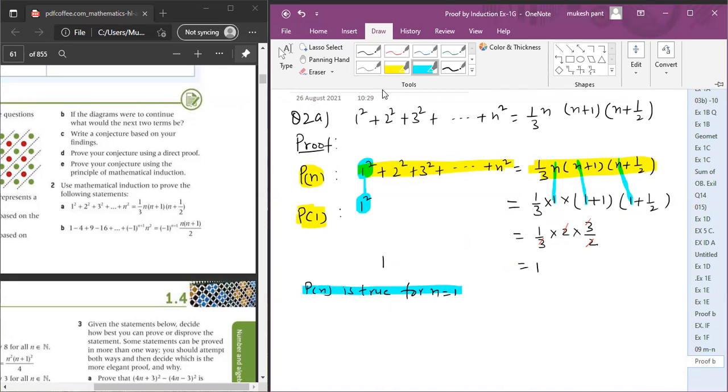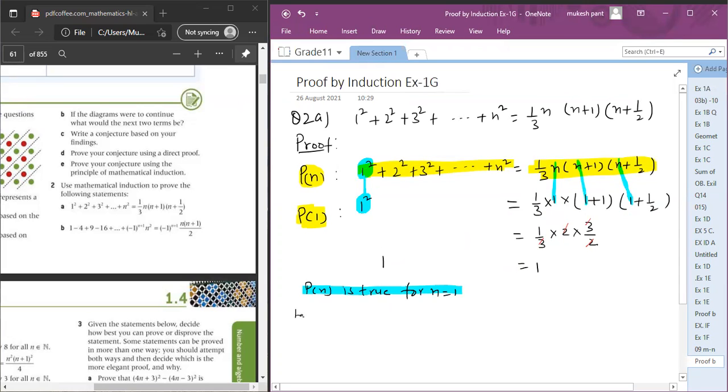Let us assume any statement, let us assume Pn is true for n equals to k also.